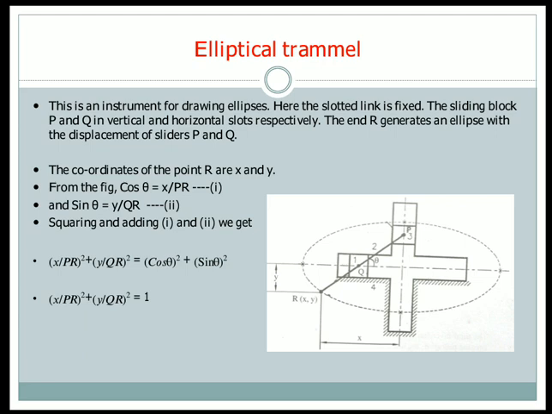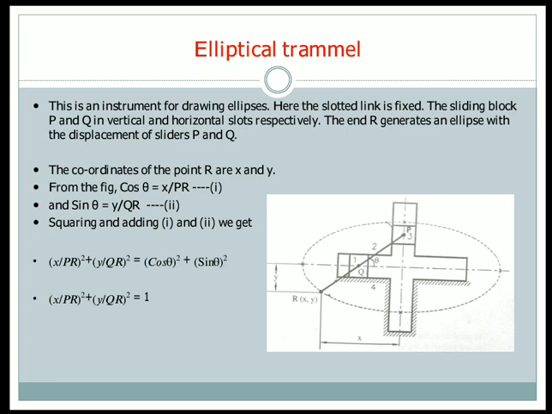It becomes (x by PR) whole square plus (y by QR) whole square is equal to cos square theta plus sin square theta. From the basics of mathematics, you might know that the sum of cos square theta and sin square theta is equal to 1.